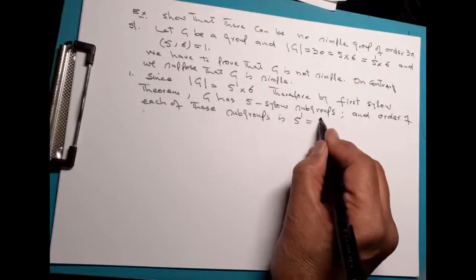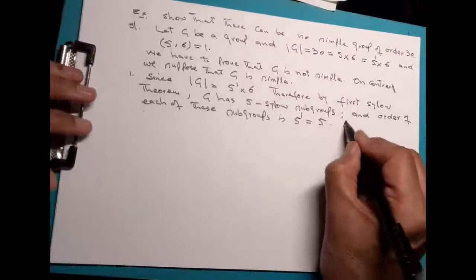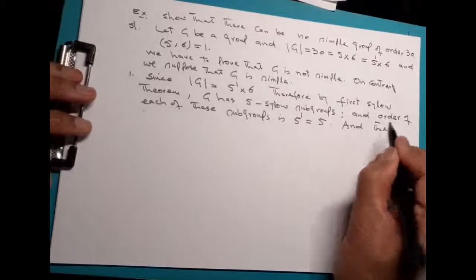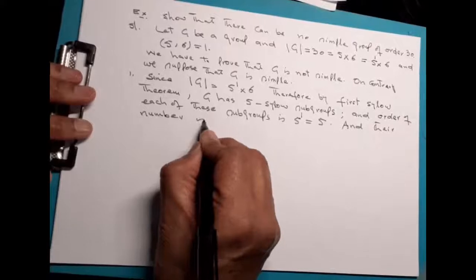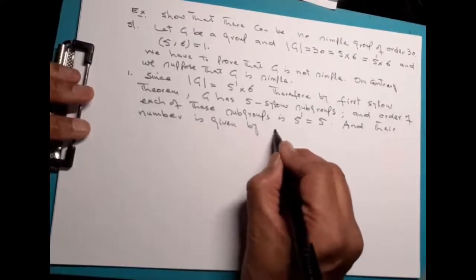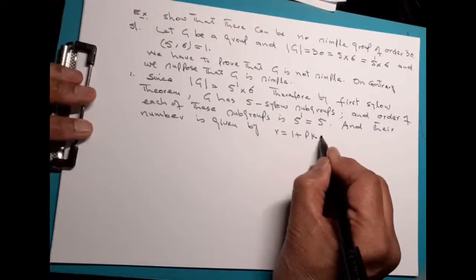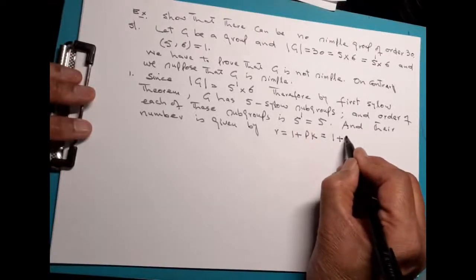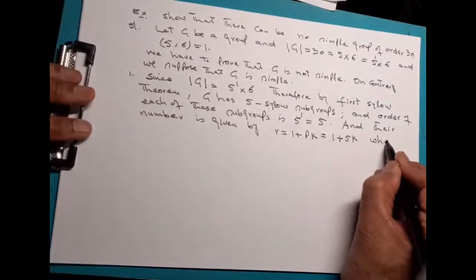So the order of each 5-Sylow subgroup in this case is equal to 5, and their number is given by the formula R is equal to 1 plus pk. In this case, p is equal to 5, so this is equal to 1 plus 5k, where k is a non-negative integer.